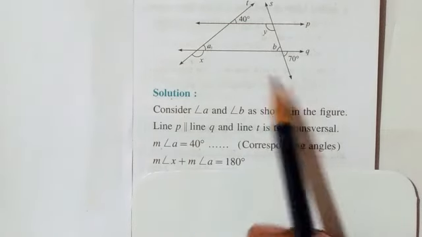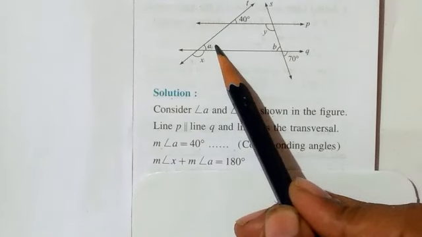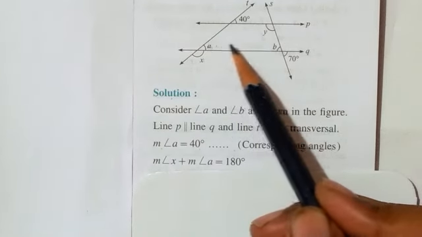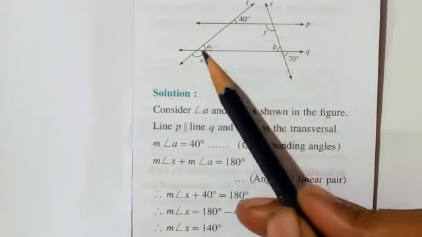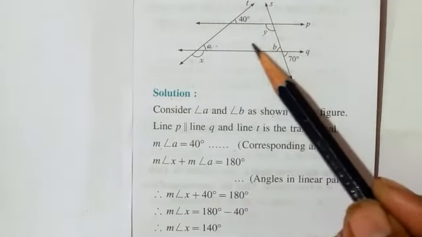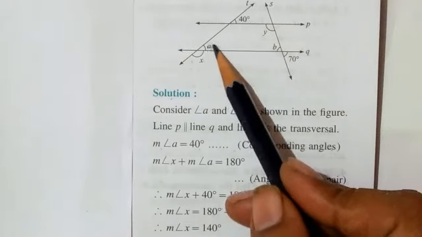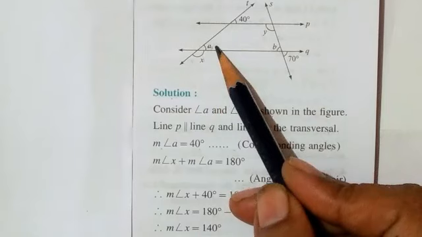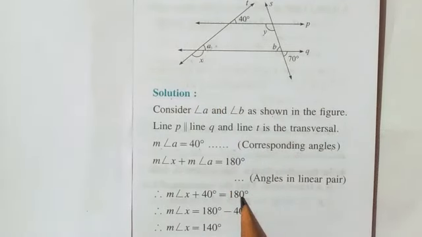Now students, measurement of angle x plus measurement of angle A is equal to 180 degree. How is it possible? Because this is a pair of angles forming a linear pair. So measurement of angle x plus measurement of angle A is equal to 180 degree.